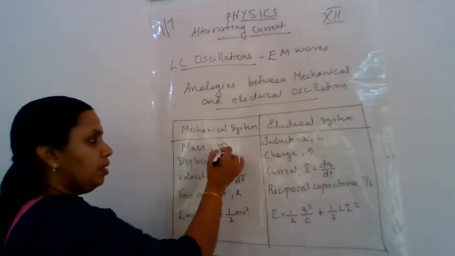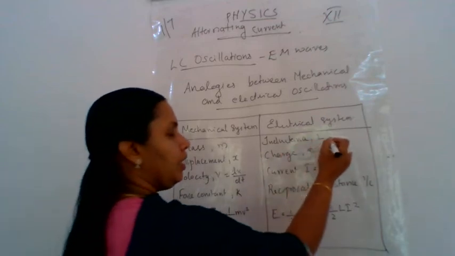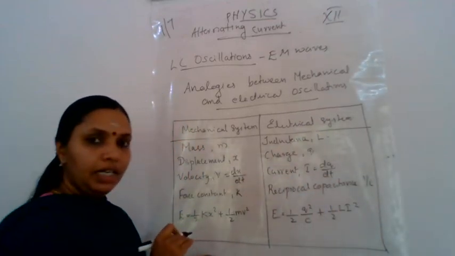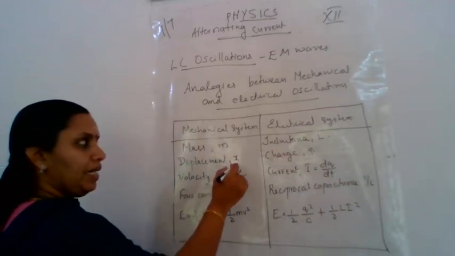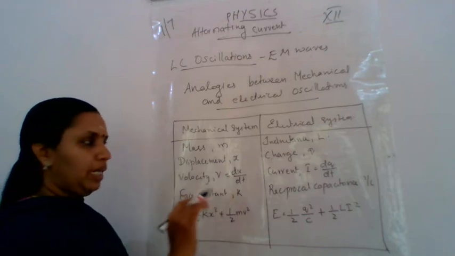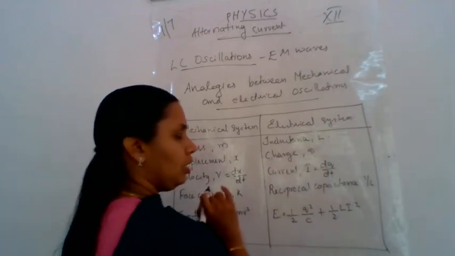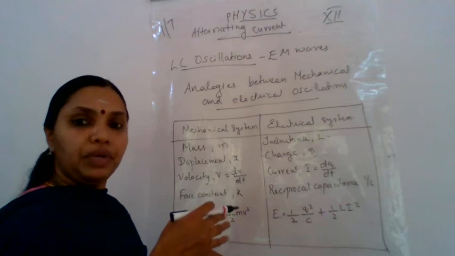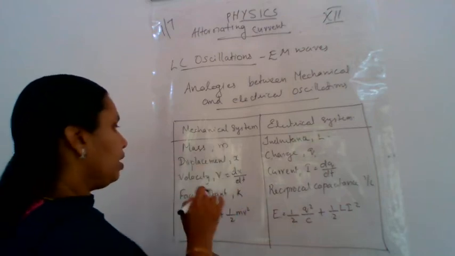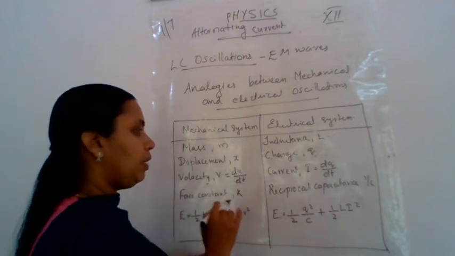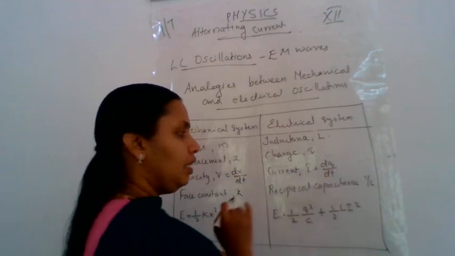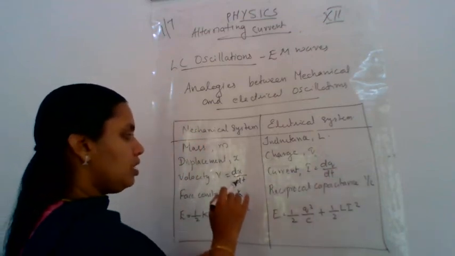Here we have mass, and in the electrical system we have the inductance. Here the displacement of the body, and here the charge, the unit flow of charge. Here velocity is dx by dt, and here it is the current dq by dt, and the force constant is k.